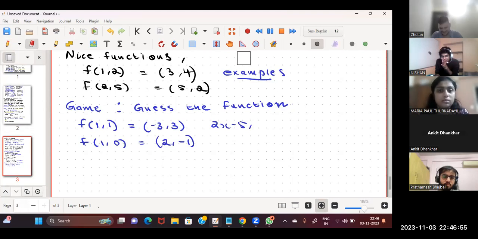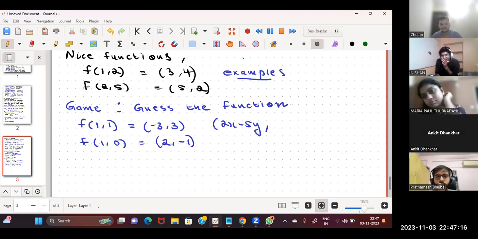Just check this out first. Does it satisfy both the inputs? It will satisfy the first input, that is, it will give you -3.